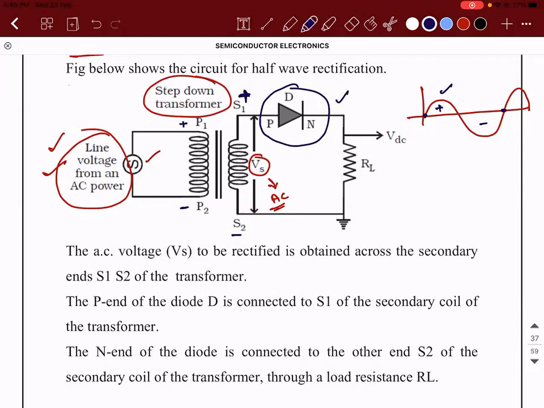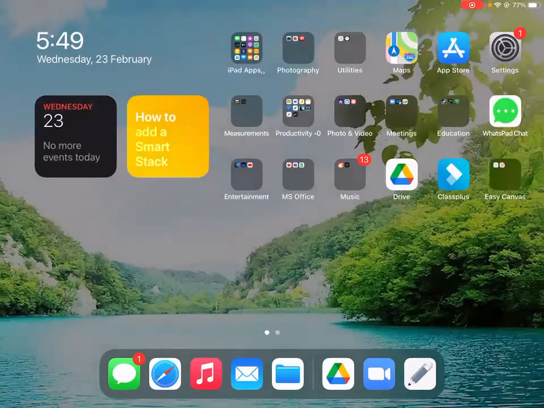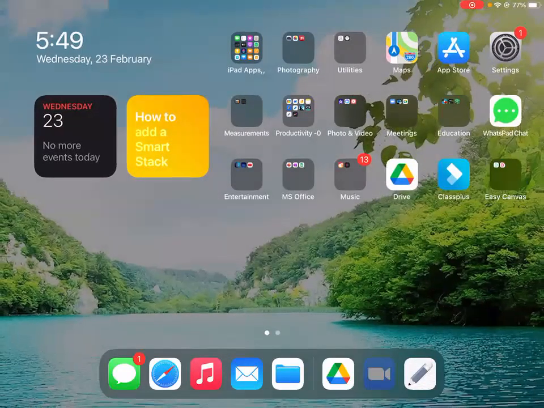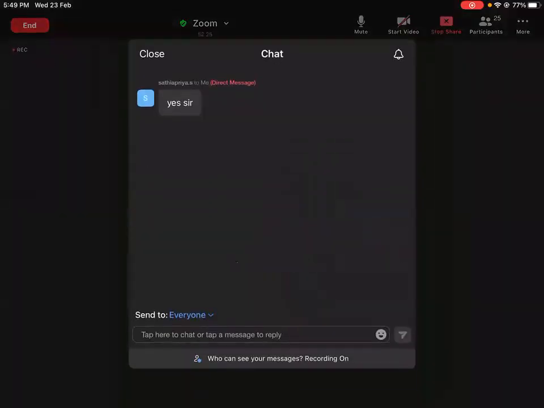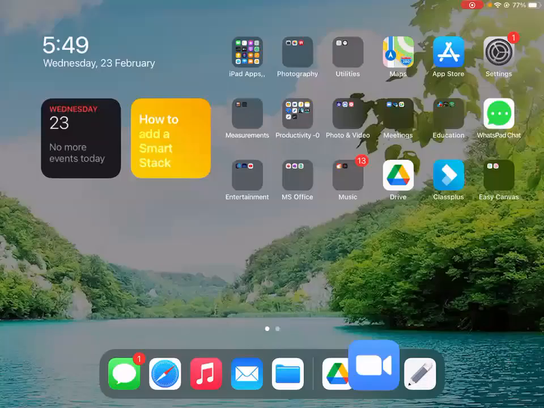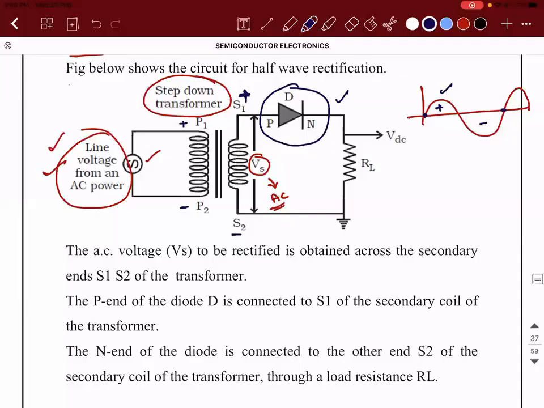Guys, I need an answer. I asked a very simple question. Forward, sir. So it is forward bias, correct. It is forward bias because P is connected to positive, N is connected to negative.